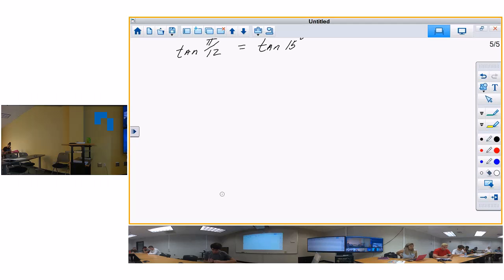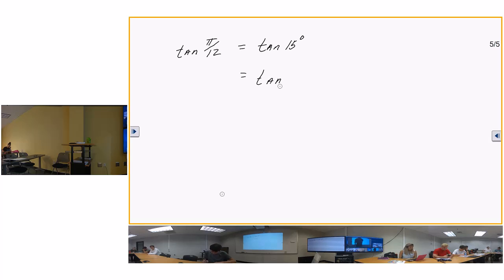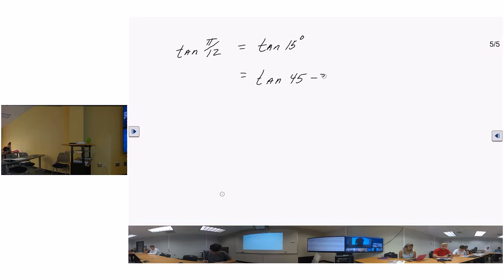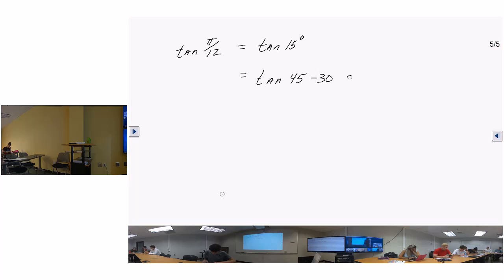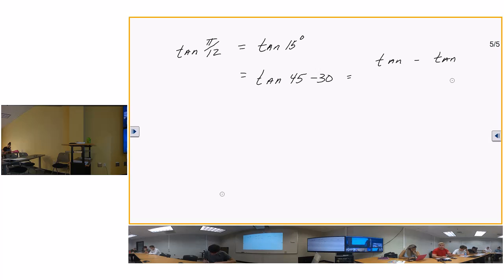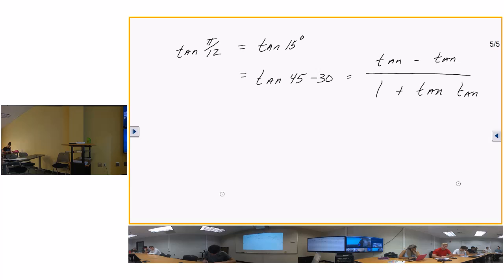So you break up tangent into what? Tangent of 45 minus what? 30. And that's equal to the tan minus the tan over 1 plus tan, right? Have y'all figured out how I memorized them when I was a student?